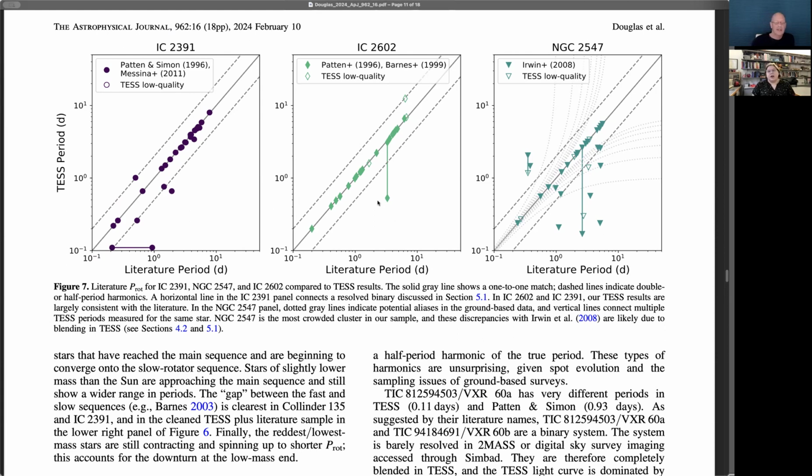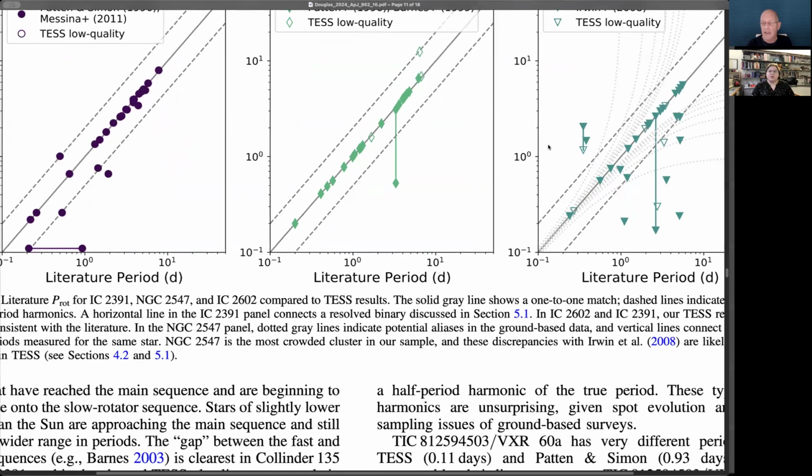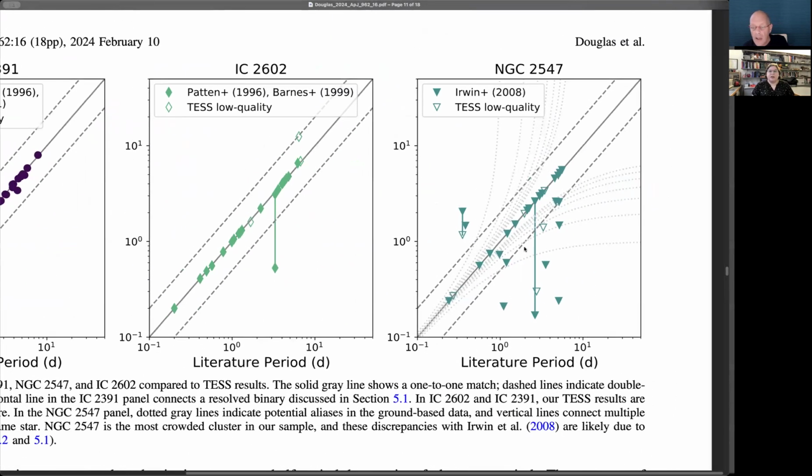And then finally, over on the right is NGC 2547. This is where we have the most data from the literature, but it's the low mass stars, and those are the ones more likely to be blended. So we get some things that are aliases, which are these light gray lines that are sort of fanning out. That's where there might be an alias in the ground-based data. They're all 1-day aliases, where you have issues with windowing when you can only observe every night; say a half-day period, you're not going to detect correctly.